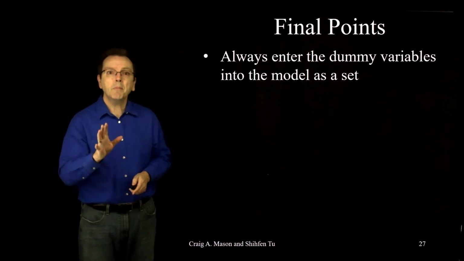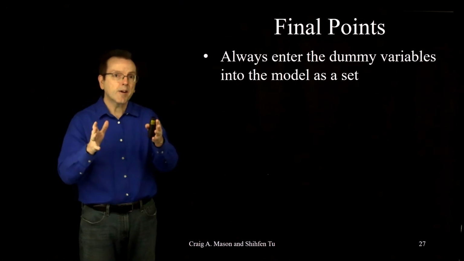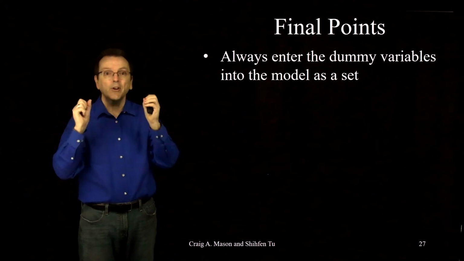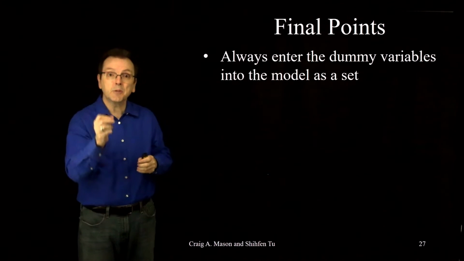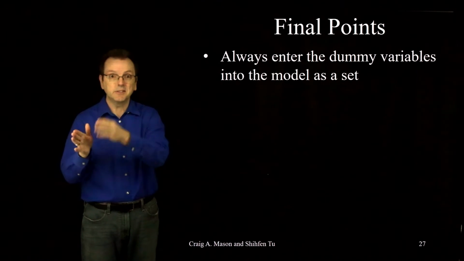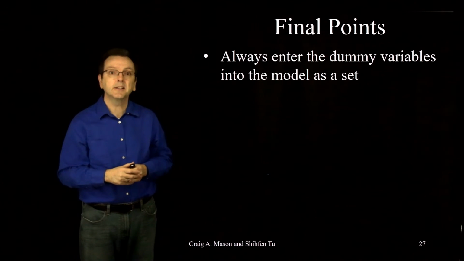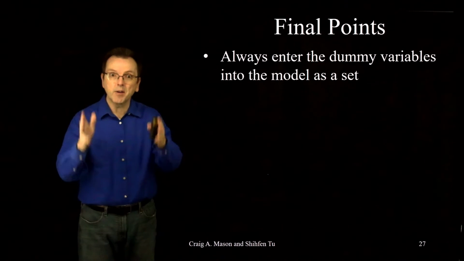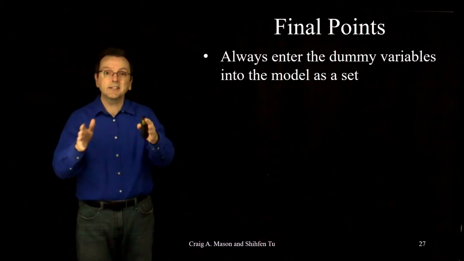First, remember all of the dummy variables need to be entered as a set. If you're conducting a sequential multiple regression and adding academic program at some step in that analysis, you've got to enter all of the dummy variables together in that step.